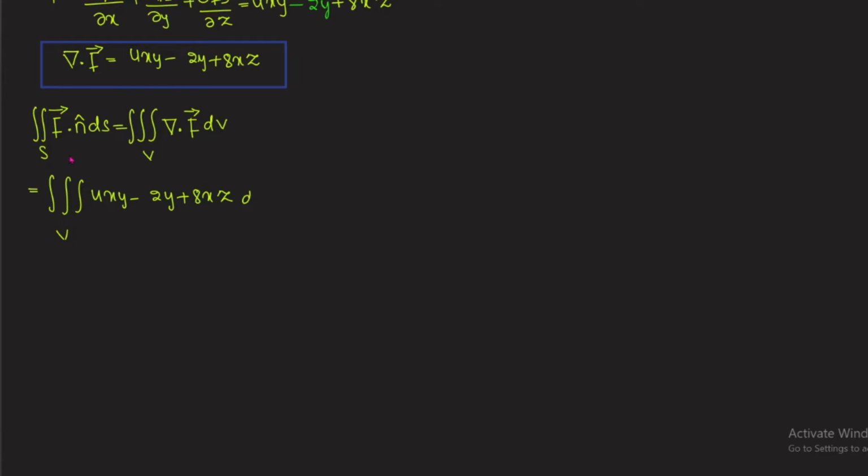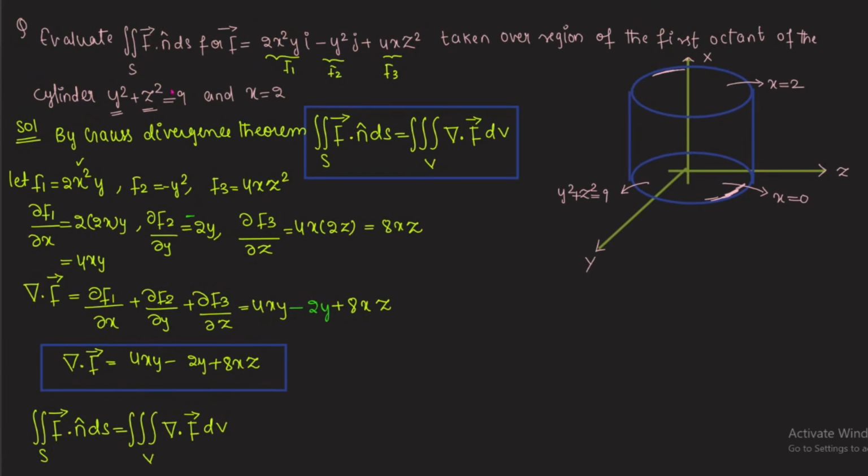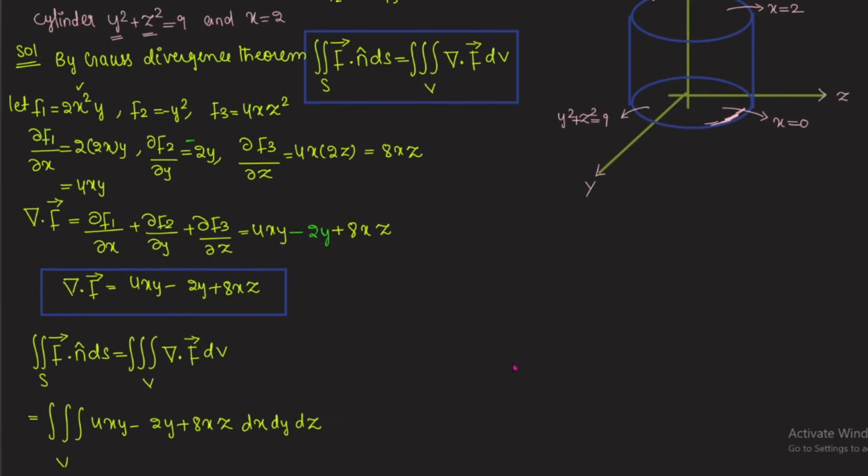This dV can be written as dx dy dz. Now we want the limits for this, right? We want the limits for dx, dy and dz for this integral. This can be obtained from the given curve, that is, the equation of this cylinder. Let me write down the limits.